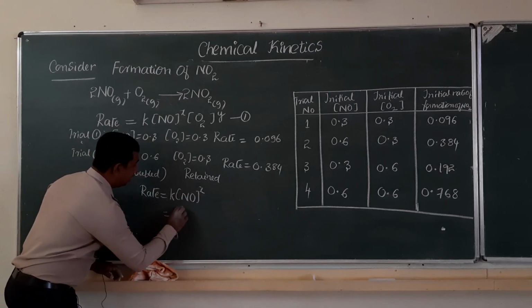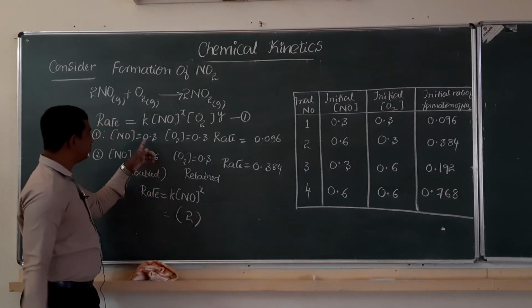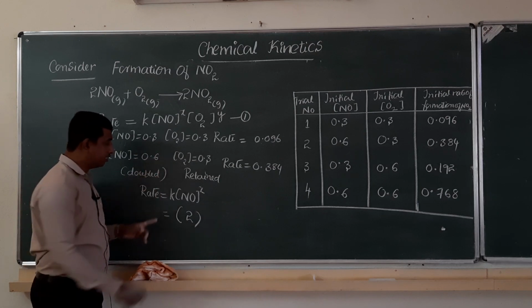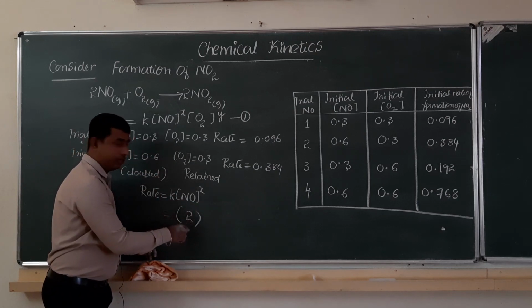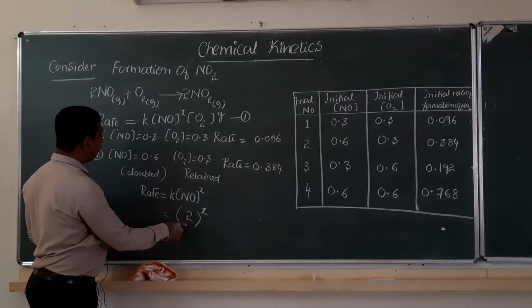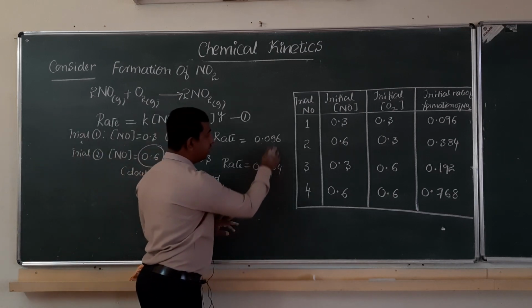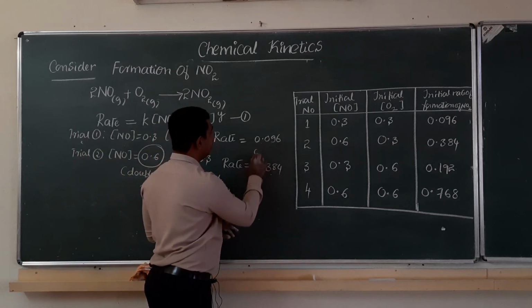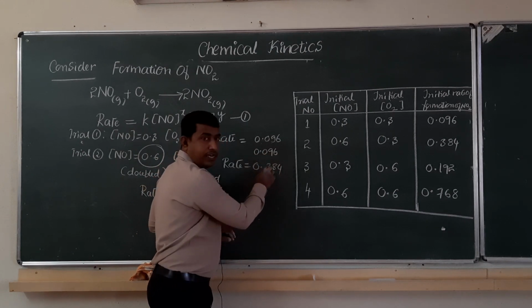See, in the second trial, concentration of NO is double, correct? Initially it was 0.3, now it is 0.6. So concentration of NO is double. I will write it as 2 here. So, 2 to the power x. When the concentration of NO is doubled, rate has increased by 4 times, correct? 0.096 is the initial value. Now it is 0.384.